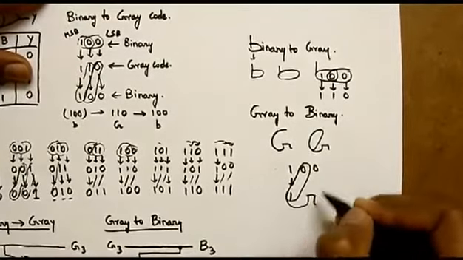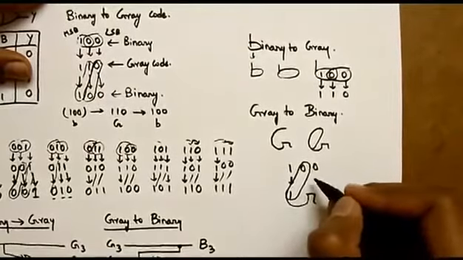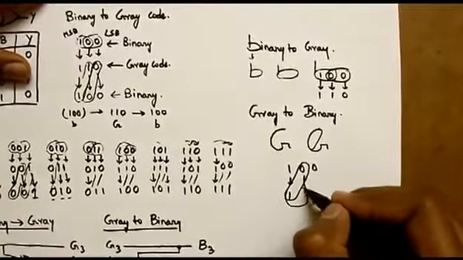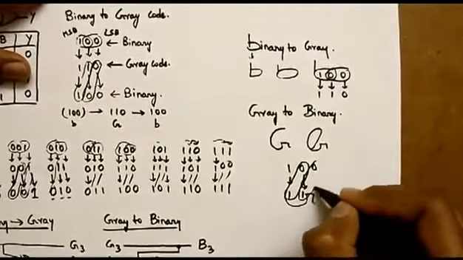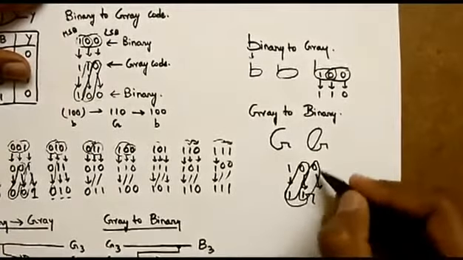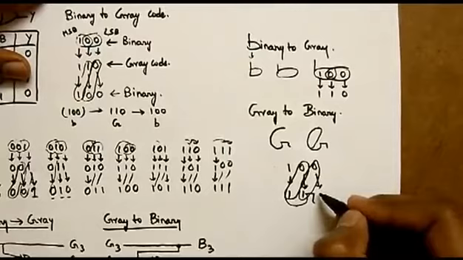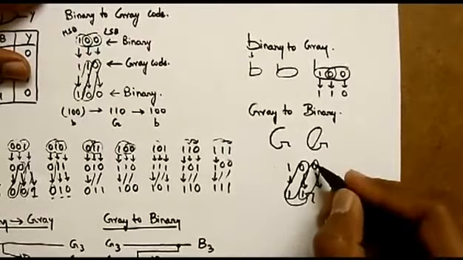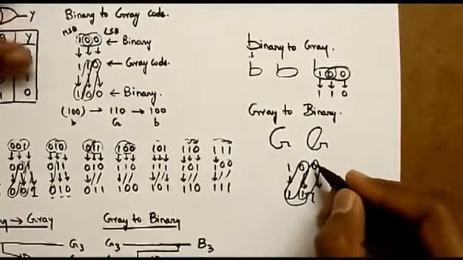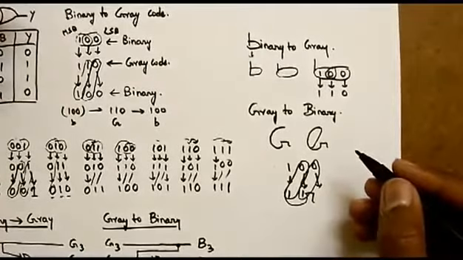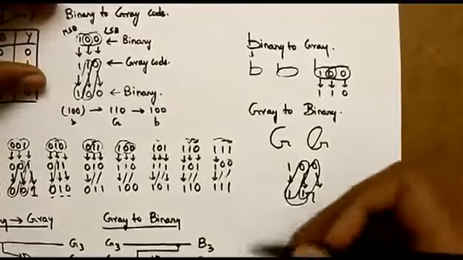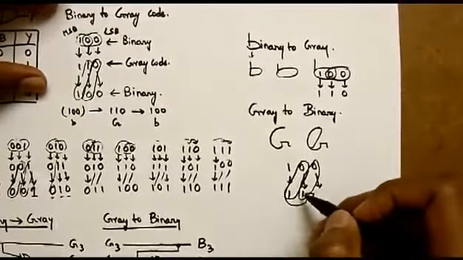So this is similar to G. We XOR, and after that 1 and 0 XOR, it is 1. We again do XOR diagonally and it is 1. 1 and 0. So we can get back, we can follow this procedure.